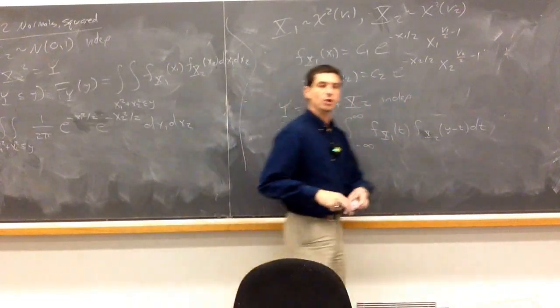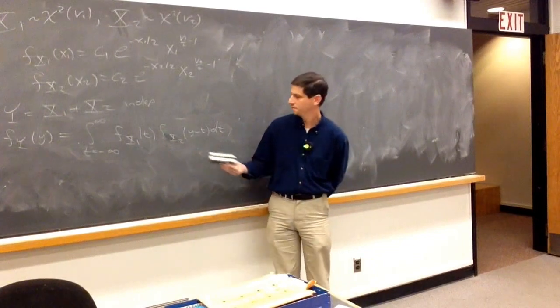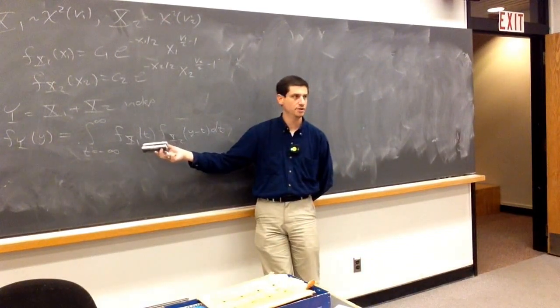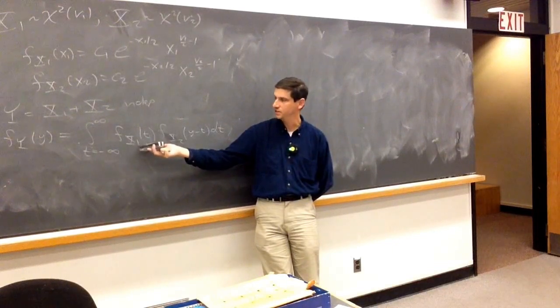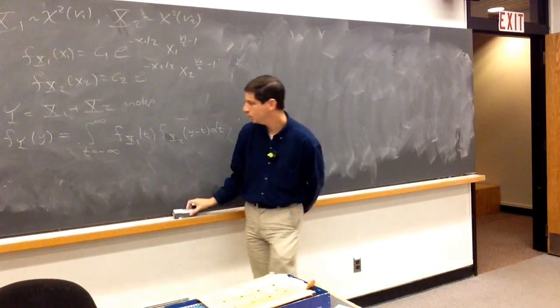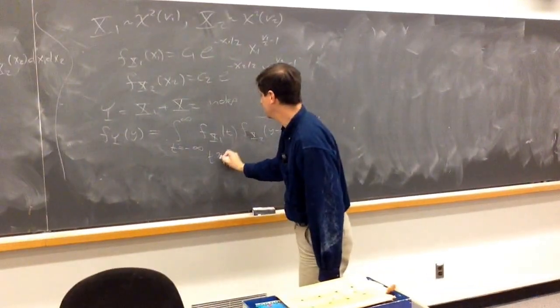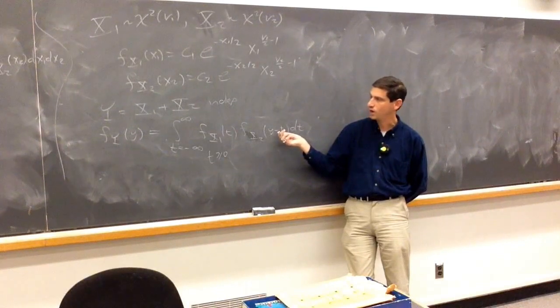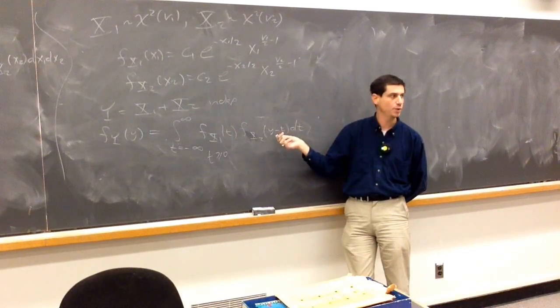So now we want to figure out what should the range of integration be. Well, this density is 0 unless t is positive. So because of this factor here, where does t have to start? So this one forces t to be greater than or equal to 0. Now for this one, we can't integrate past y. Because if we went past y, then this would be evaluating at a negative value.